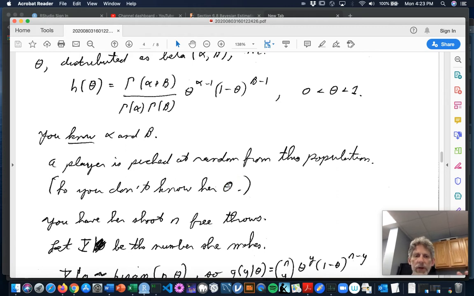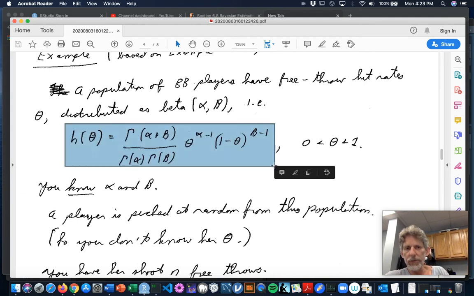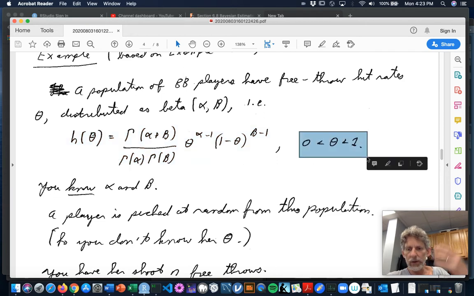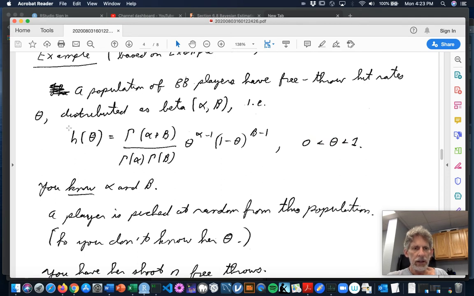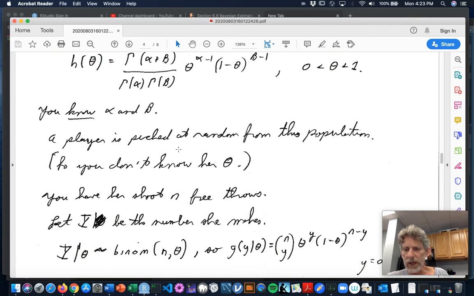Since she was picked at random from that population, her theta is a trial of this random variable capital Theta, whose PDF is given by the PDF for a beta alpha beta curve. The possible values for little theta are a probability of hitting between 0 and 1, and here's the height of the density curve at that particular little possible value. You don't know theta, but you wish you could estimate it.